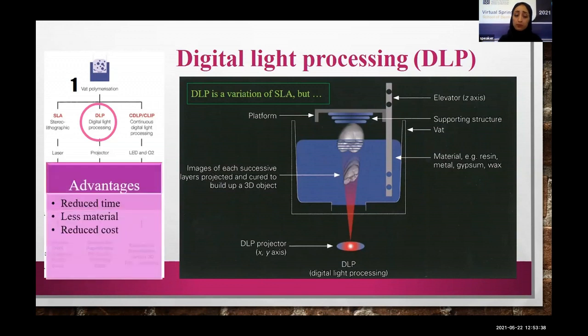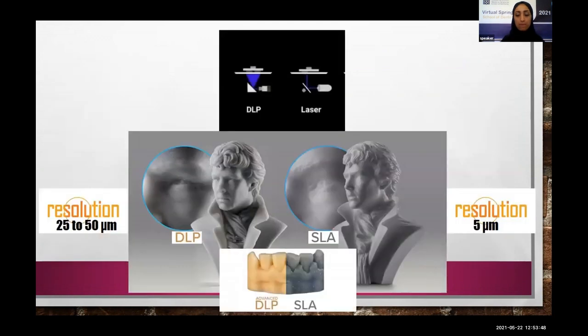So DLP reduces the time, and less material is needed, which reduces the cost. And so DLP is ideal for mass production. SLA and DLP are both used in dentistry, although SLA is at least 5% more accurate than DLP, but the speed, simplicity, and durability of DLP has made it the first choice of dental professionals all over the world.